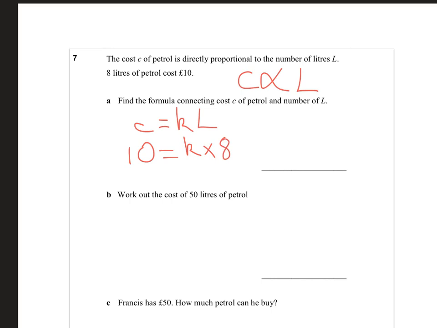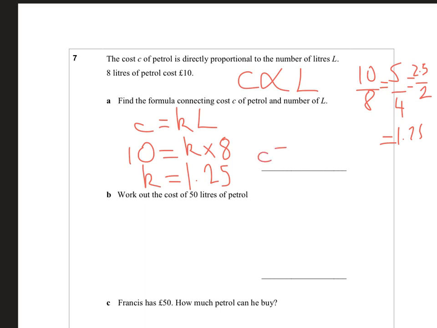Divide both sides by 8. 10 divided by 8 is 1.25. You could do that by halving it again, and halving it again. 10 divided by 8 is 5 divided by 4 is 2.5 divided by 2, which is 1.25. So C equals 1.25 L.